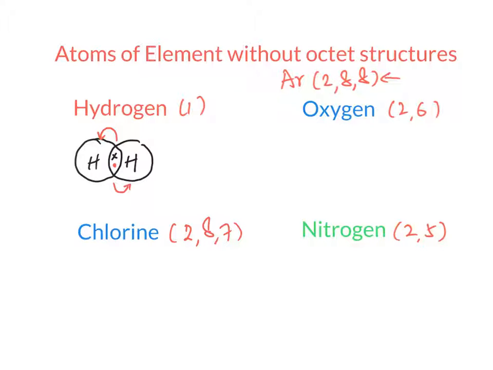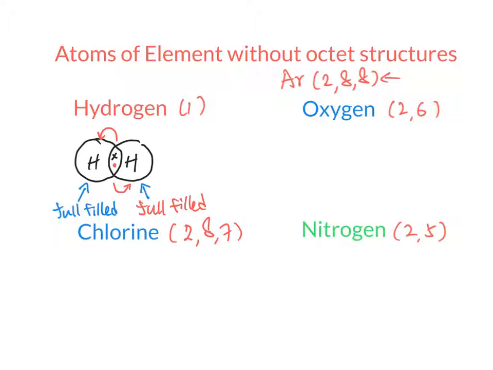For the first shell, 2 electrons is full. Covering the other side, the other hydrogen also has 2 electrons, so it is also fulfilled. By sharing electrons, both are in the status of fulfilled electron shells.